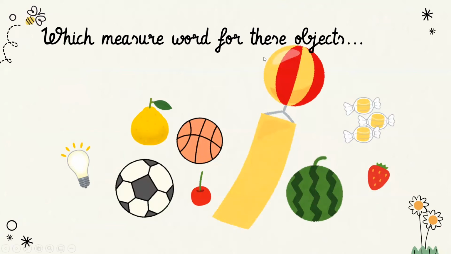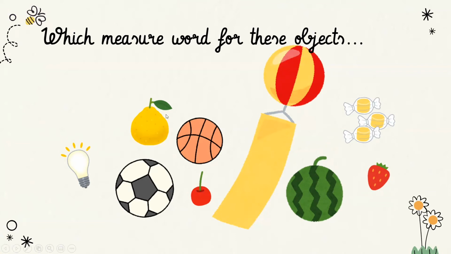Okay, you can see the balloon, candy, strawberry, watermelon, football, basketball, a peach, and a cherry. So the shape looks like a bowl, right? A round shape.